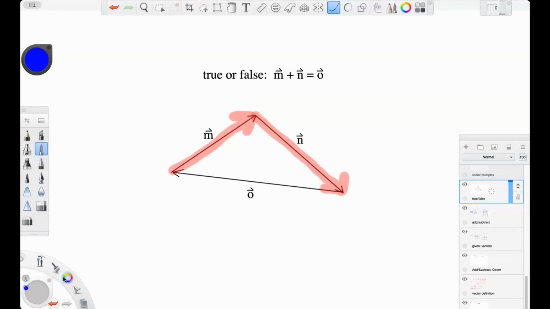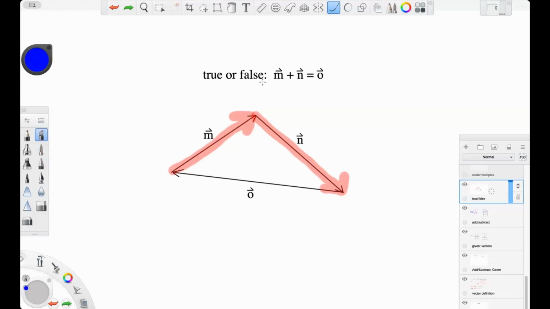And here's where things fall apart, because looking at these two arrows, this indicates that our resultant vector should move from the initial point over here toward the terminal point over here. So it would move in this direction. But that's not what vector o is doing, right? We can see that vector o is actually moving in the opposite direction. So that's what makes this a false statement, is that this is not traveling in the correct direction.